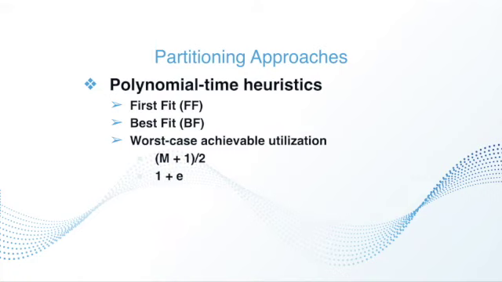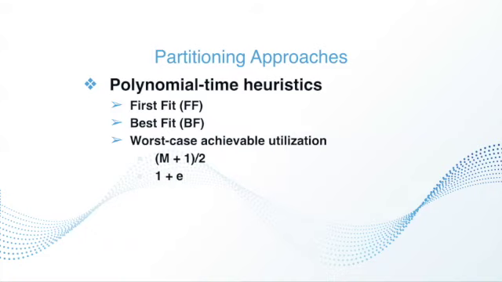Examples include first fit and best fit. In first fit, each task is assigned to the first processor that can accept it. In best fit, each task is assigned to a processor that can accept the task and will have minimal remaining spare capacity after its addition.